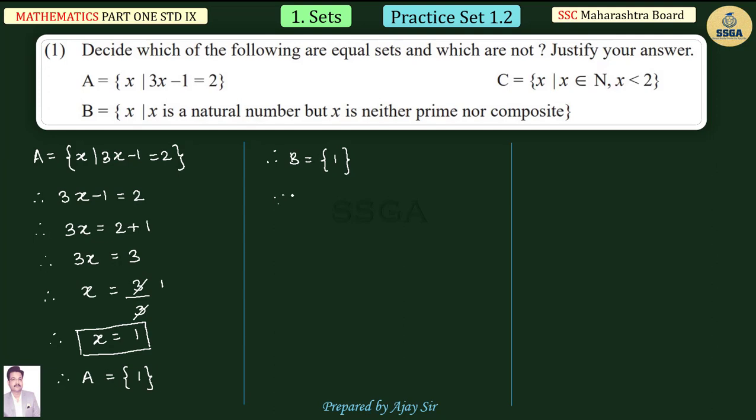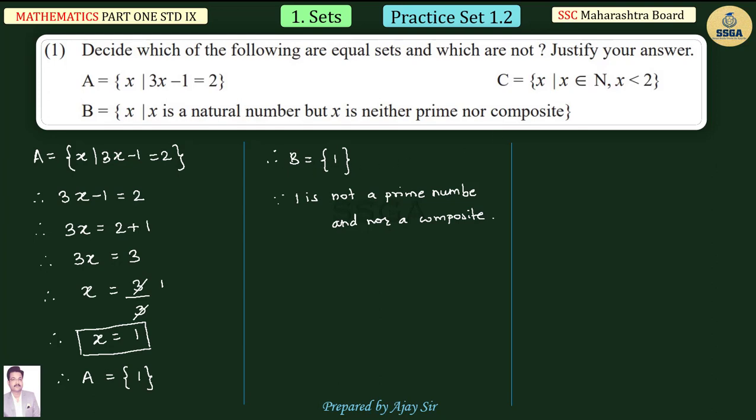Composite means a number formed by multiplying numbers, and 1 is not prime either, therefore the answer is 1 only.